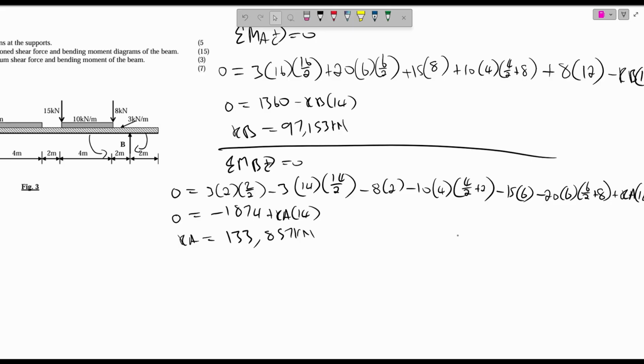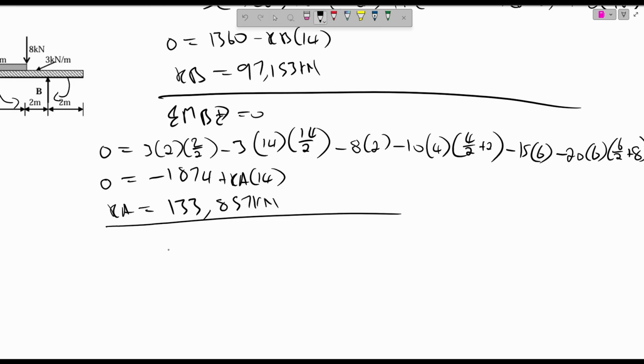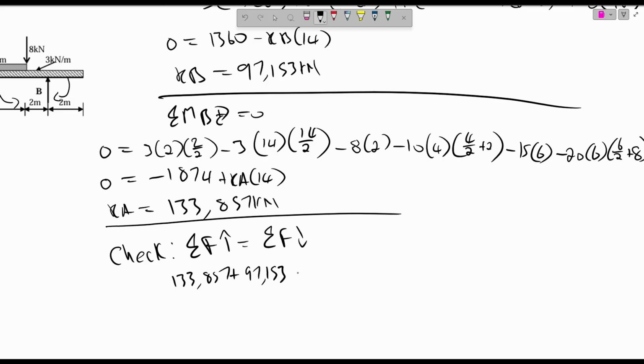Now let's check if our reactions are correct. To check your reactions, you're going to take sum of forces up. It should be equal to sum of forces down. So we have 133.857 plus 97.153.